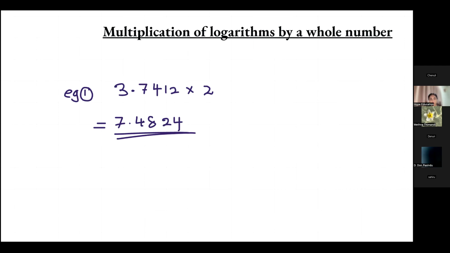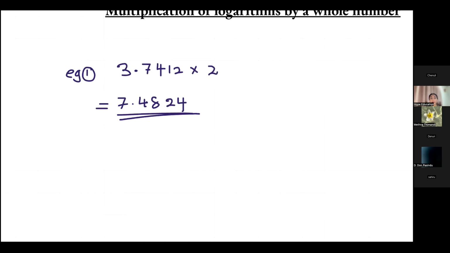Okay. Now, let's say you got a bar number. If the characteristic had a bar, how would you do it? Let's see. 2 bar 1836 multiplied by 3.